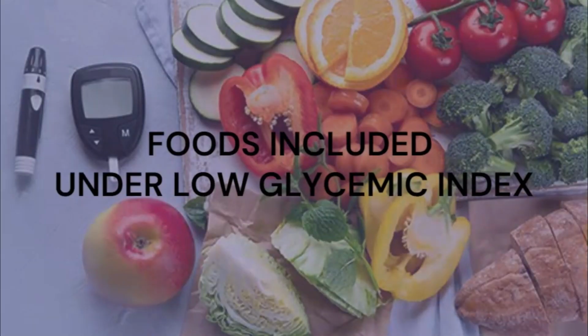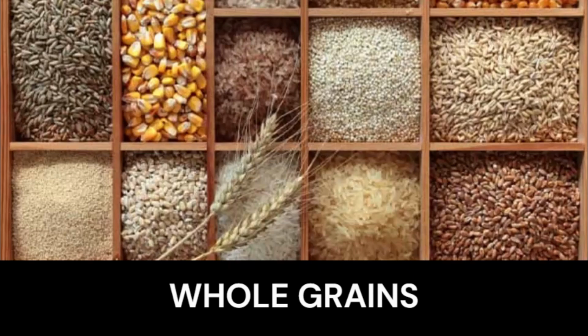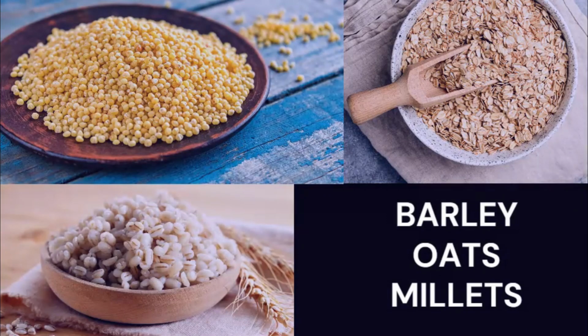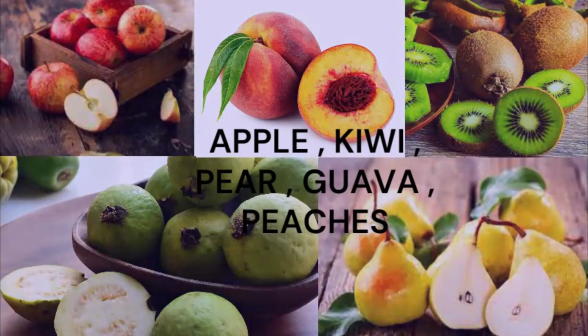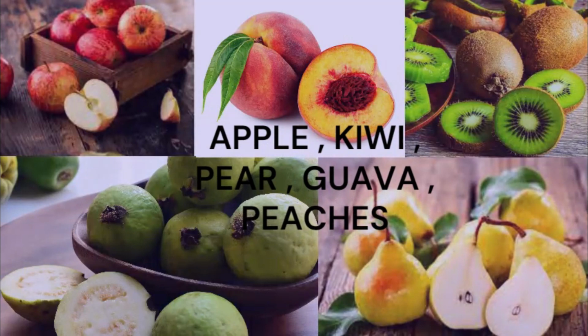Now, coming to the foods, what are included under low glycemic index? Whole grains, barley, oats, millets. Under the fruits, we have apple, kiwi, pear, guava, and peach.